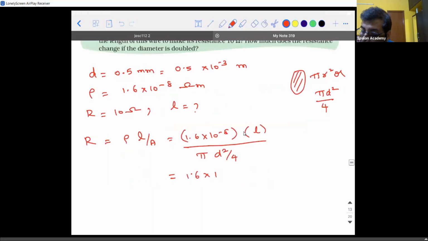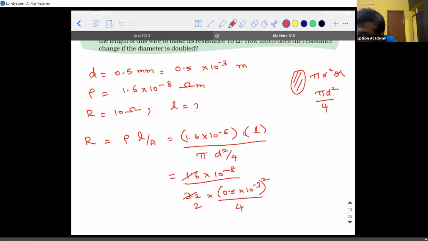So it is 1.6 into 10 power minus 8 divided by pi. I am approximately taking it as 3.2 so that the calculation will be easy. 3.2 into d square is how much? 0.5 into 10 power minus 3, the whole square divided by 4.